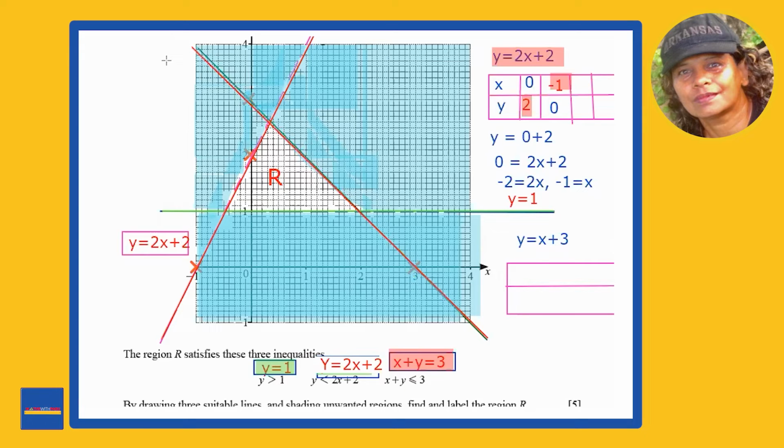Since we have been given that y equals 1 is an inequality, that will be a dotted line, so I'm going to erase the solid line and leave it dotted blue. Since we're given that y is less than 2x plus 2, that also will be a dotted line. But x plus y equals 3 is a solid line. Once we draw all of that, we find that the common region is going to be R.